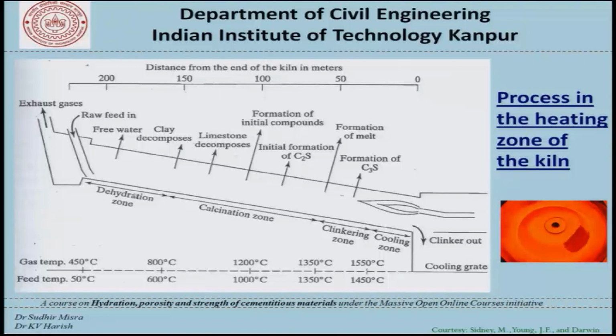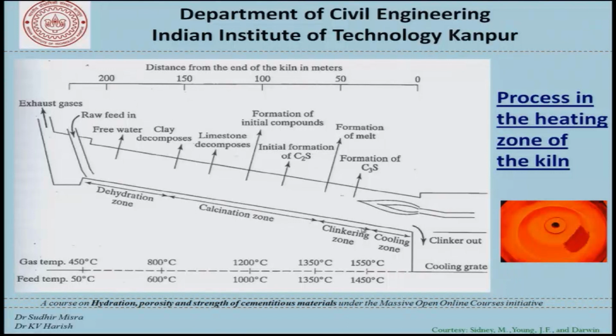In the dehydration zone, free water in the raw material escapes. In addition, clay compounds decompose. In the calcination zone, the limestone decomposes, some compounds are formed, and primarily C2S, which is dicalcium silicate, starts forming.